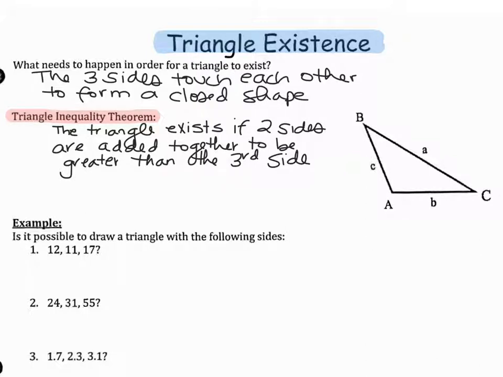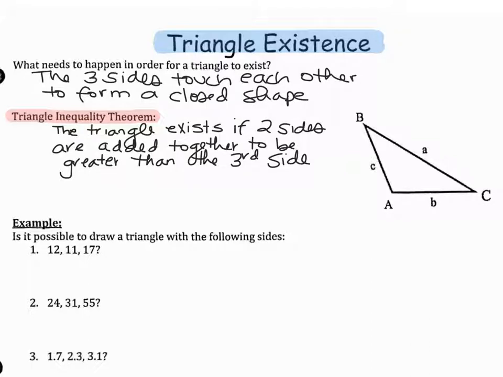I have to try all possible combinations to determine if 2 sides, when added together, are going to be greater than the third side. If I take A and B and add them up, it has to be greater than C. And if I take B and C and add them up, the number I get has to be greater than A, in all 3 combinations. So you have to test all of them.